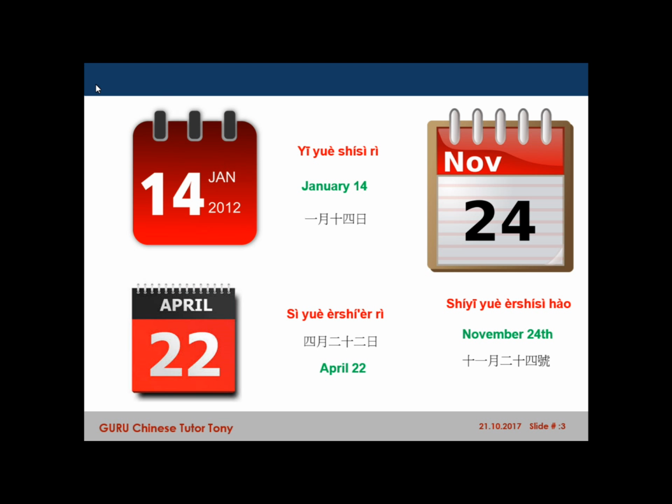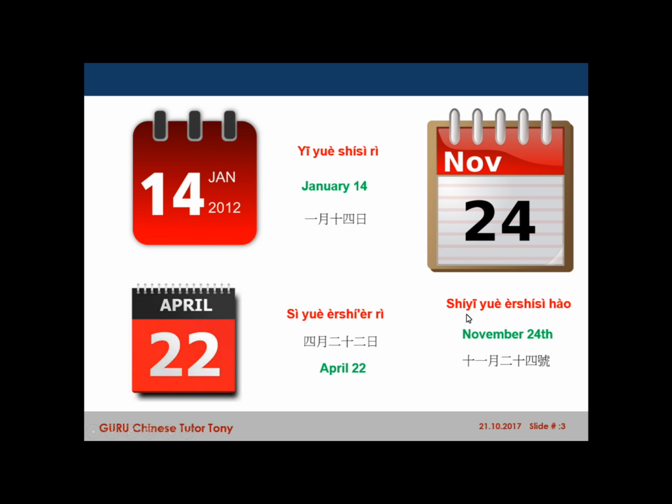The next one is 4月22日, April 22nd. April is 4 and 月, so that's 4月22日, April 22nd.